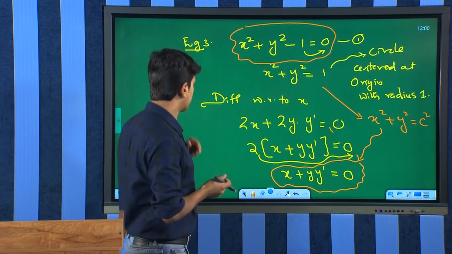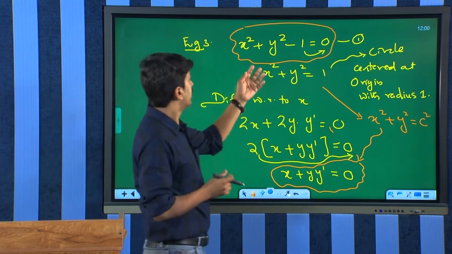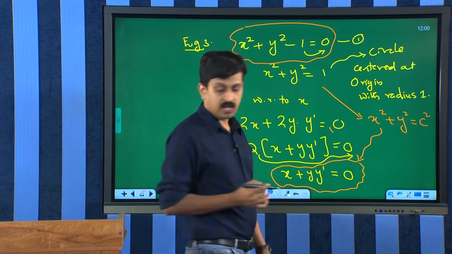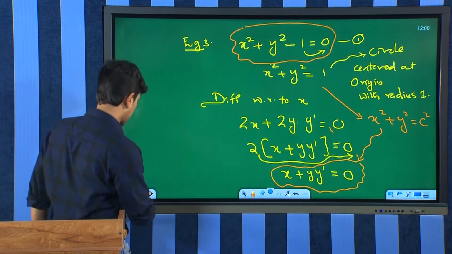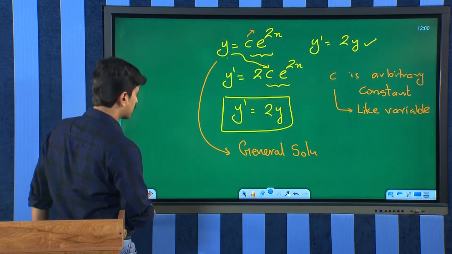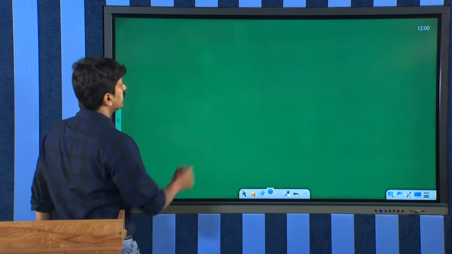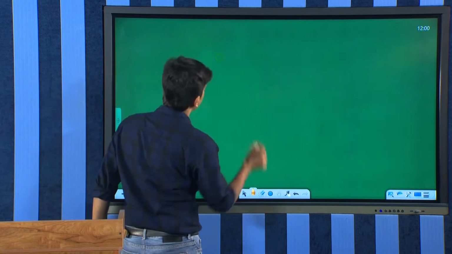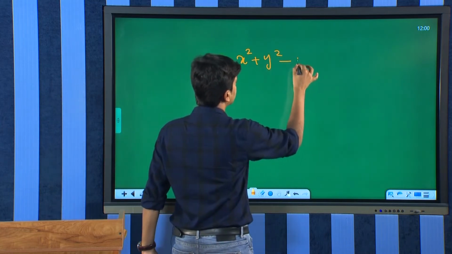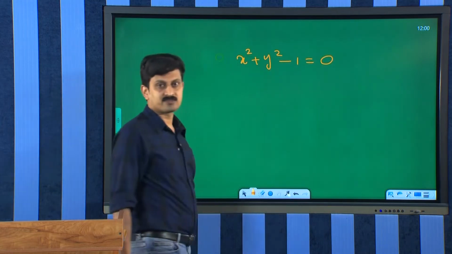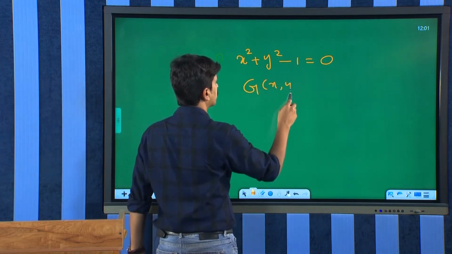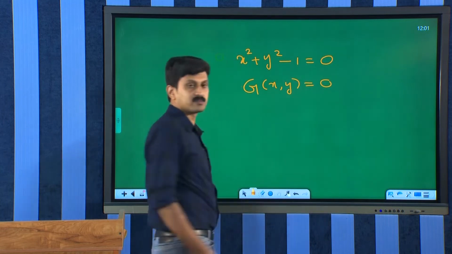While evaluating this one, I would like to say x square plus y square minus 1 equal to 0. We just started with this. That means we can represent this as g of x y is equal to 0.